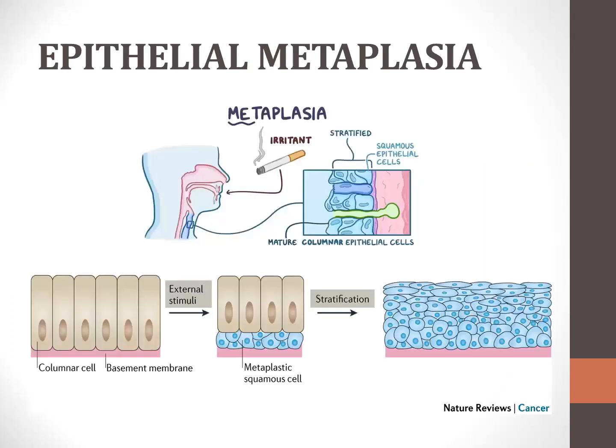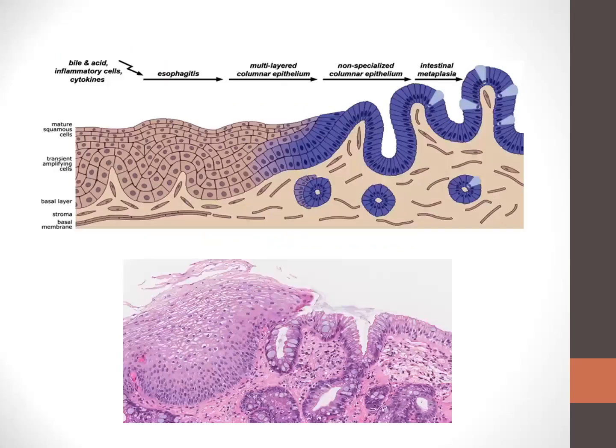Examples of epithelial metaplasia include the change of pseudostratified columnar epithelium of the respiratory tract into stratified squamous epithelium by smoking. Change of stratified squamous epithelium of the esophagus into intestinal epithelium because of acid reflux.